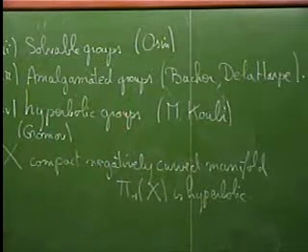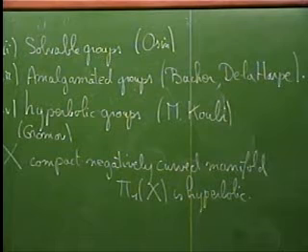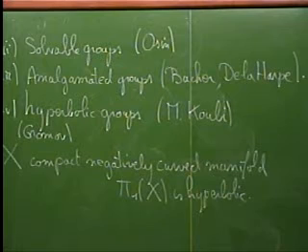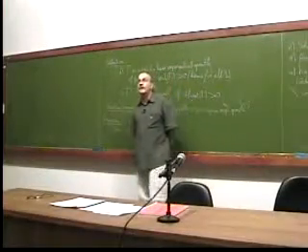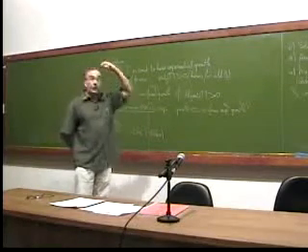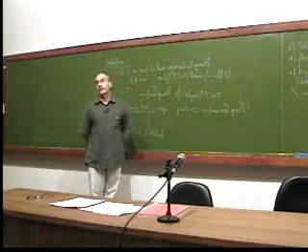So this class seems to be very large because it contains all fundamental groups of compact negatively curved manifolds. But if you try to exhibit examples of negatively curved compact manifolds, you'll see that there are not so many explicit examples.